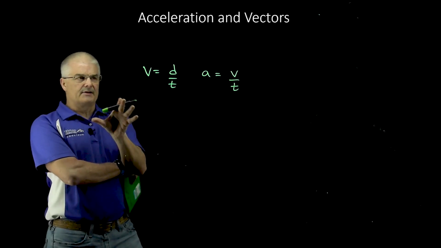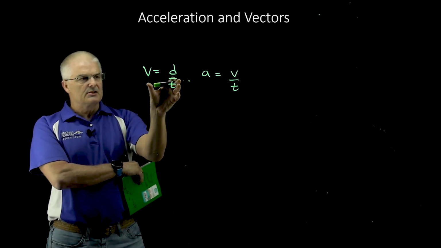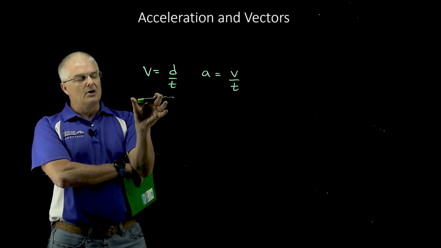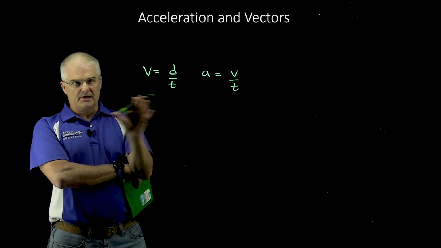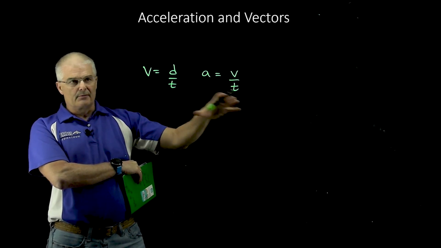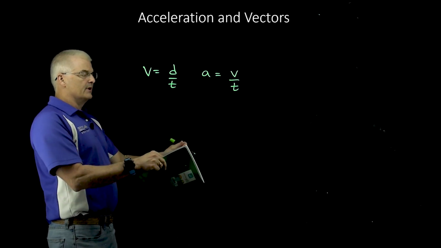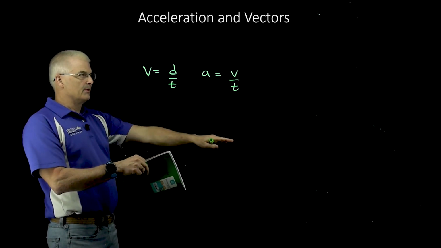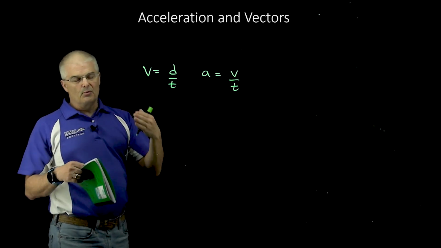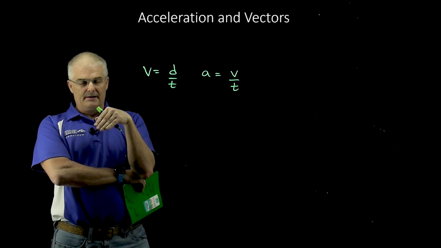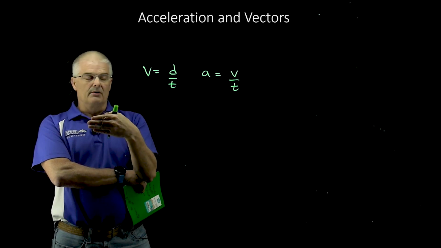Now, the idea of acceleration is, let's go back. In the last case, if you recall, we had a situation where the velocity was constant. Somebody's traveling at 20 miles per hour consistently. So you're driving down the road and you're moving at 20 miles per hour and you keep going at 20 miles per hour. That's called constant velocity. But when you are at a stop sign, you're going 0 meters per second.